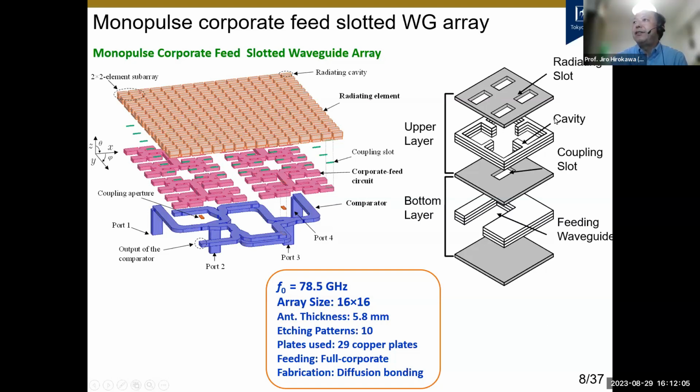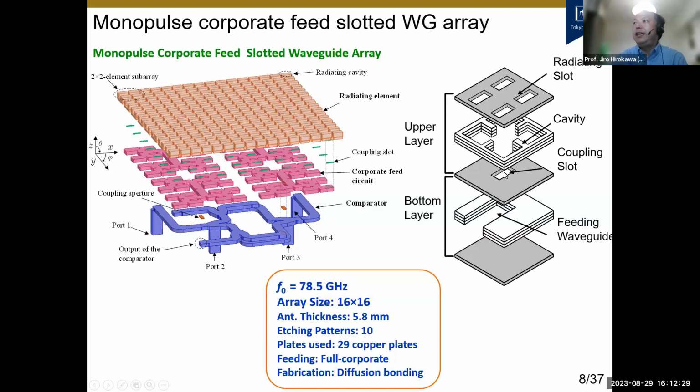The right figure shows the 2x2 element subarray with the end of the corporate feed circuits. At each end of the feed waveguide, we have one coupling slot.